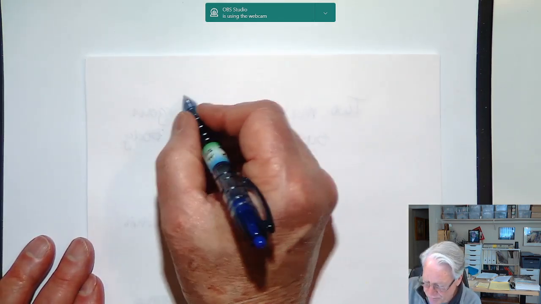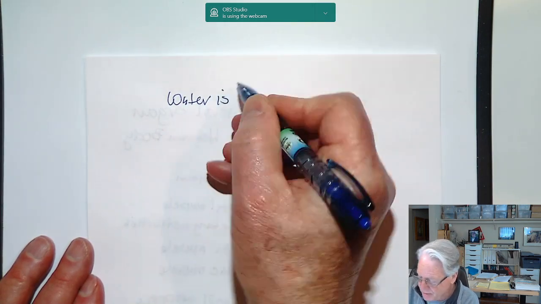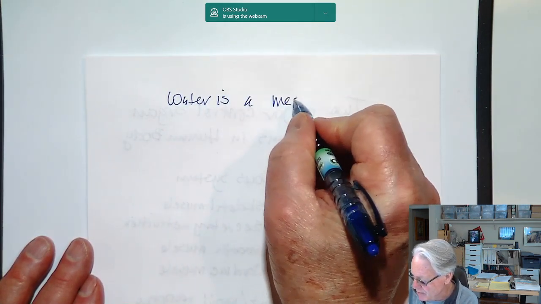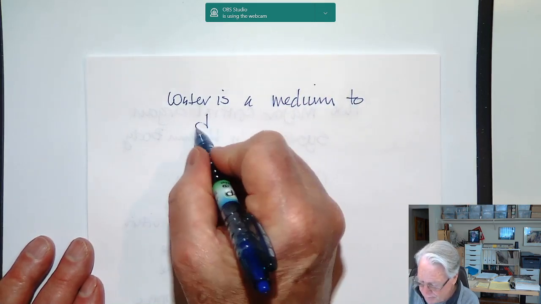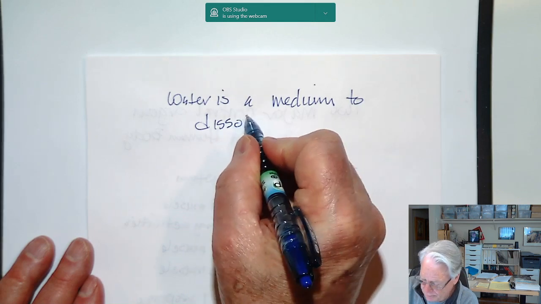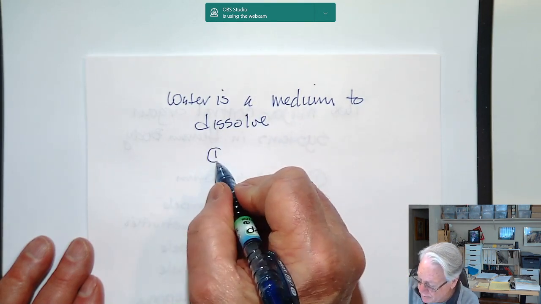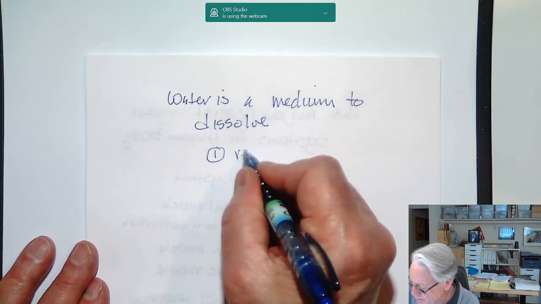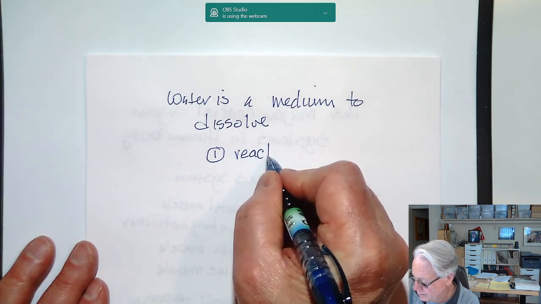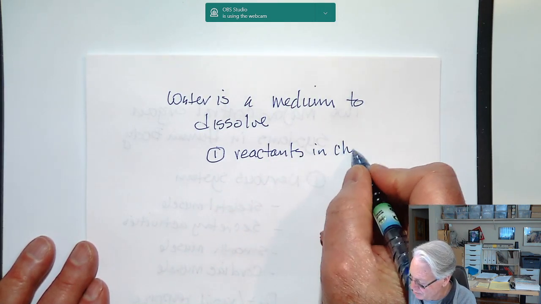So water is a medium to dissolve, number one, reactants in chemical reactions.